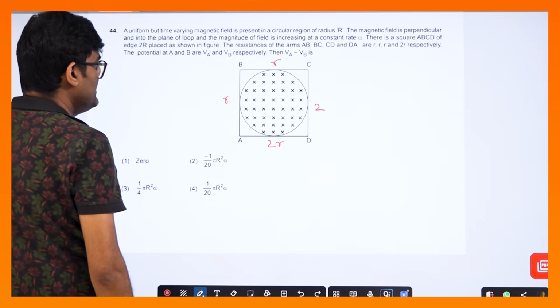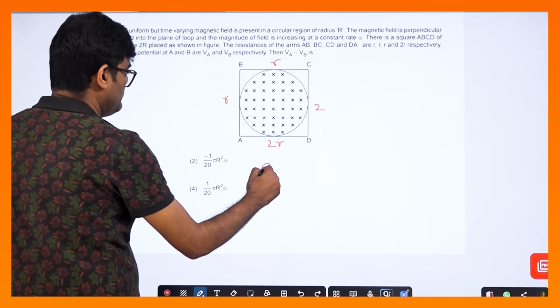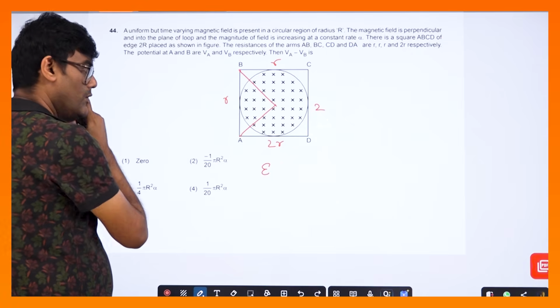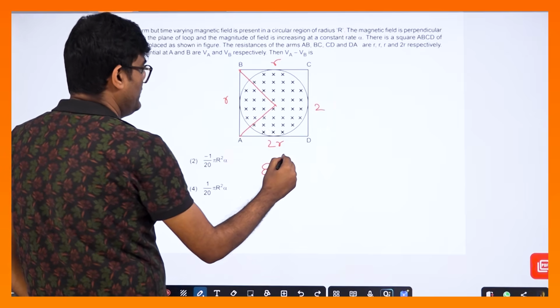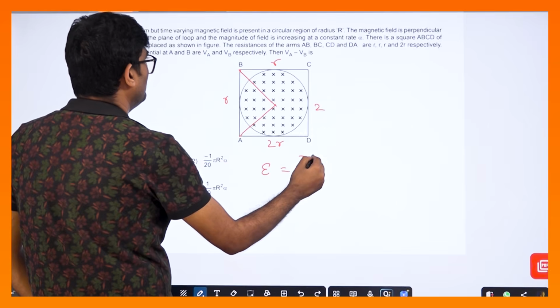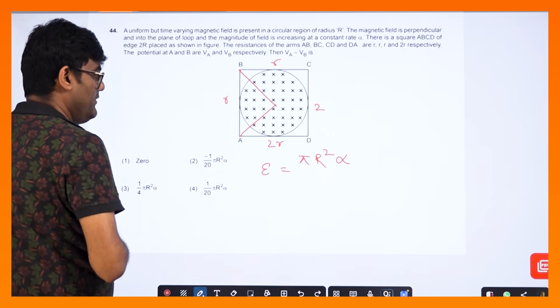Look, what is the net EMF in the loop? The net EMF in the loop is equal to area, pi R squared, into dB/dt. This is the net EMF in the loop.